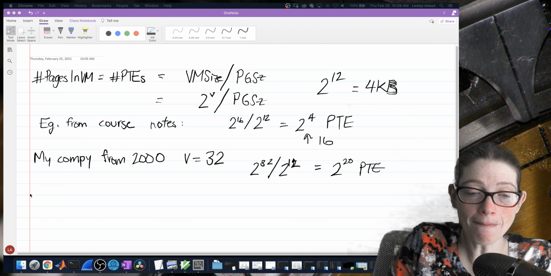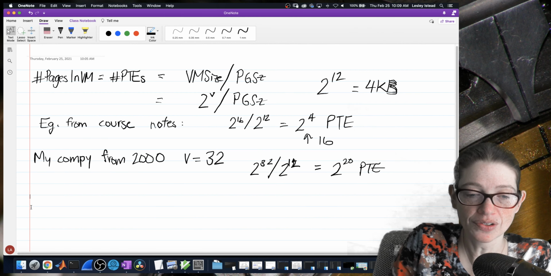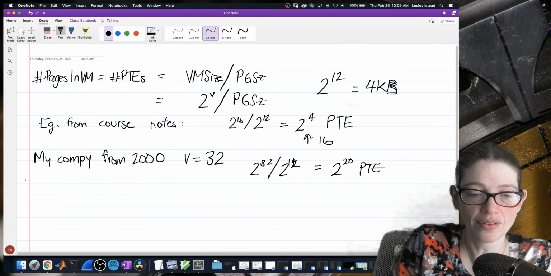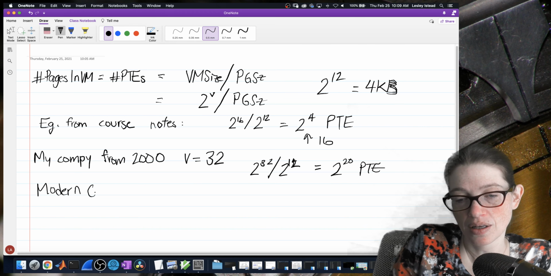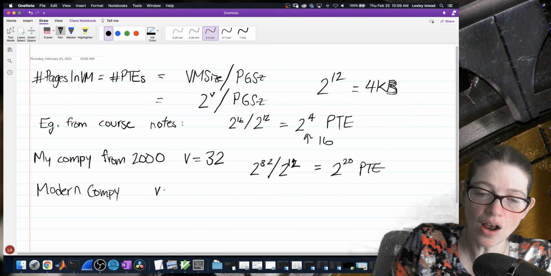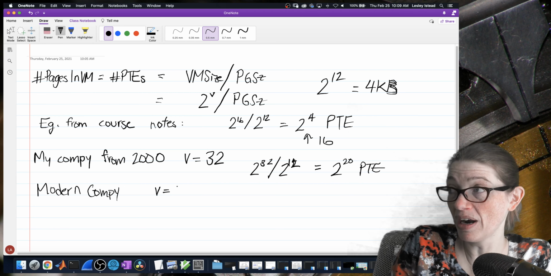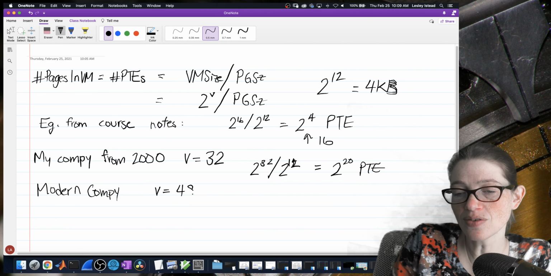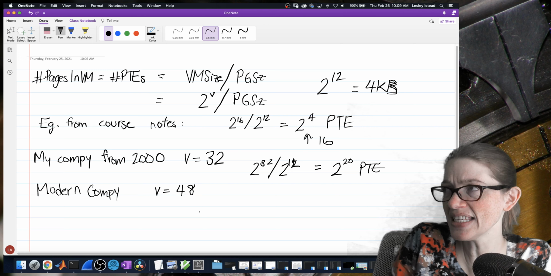Now let's look at modern computers. Even though they are 64-bit architectures, we typically use 48-bit virtual addresses.